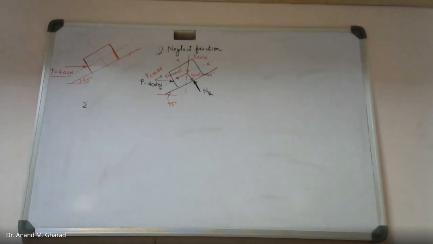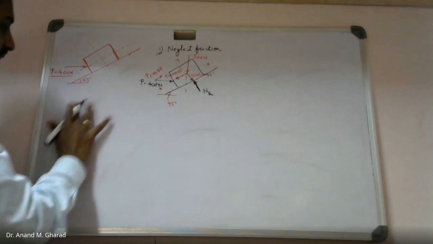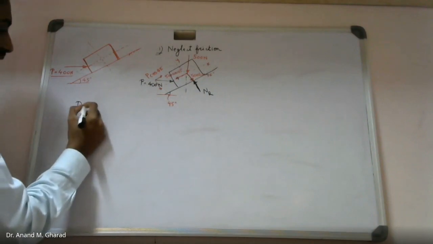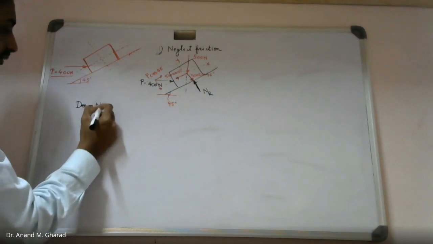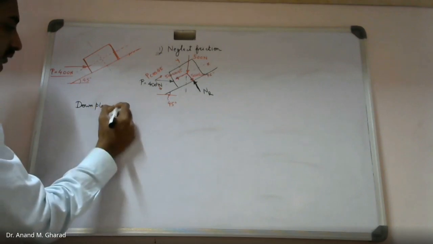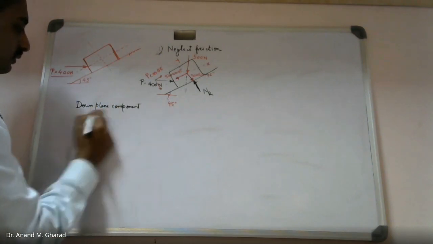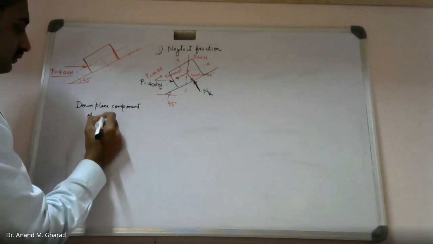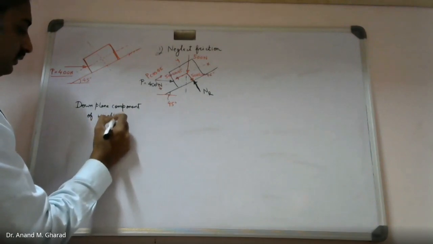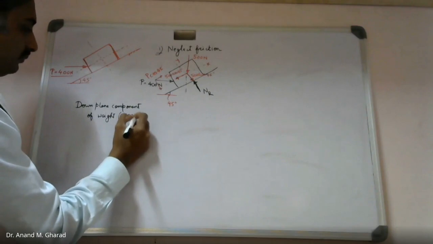Based on this, now you find out the down-plane component of the weight. What is the down-plane component of the weight of 500 Newton?